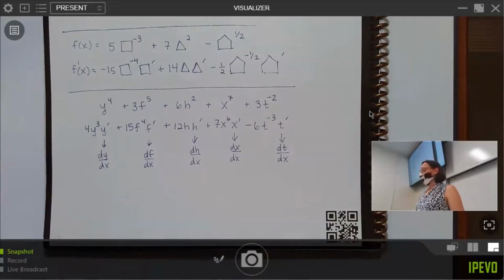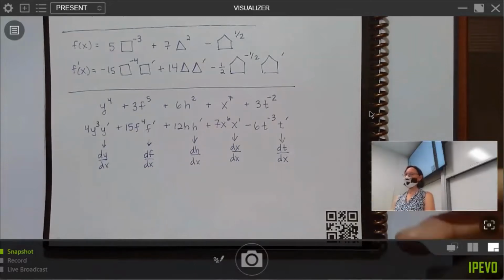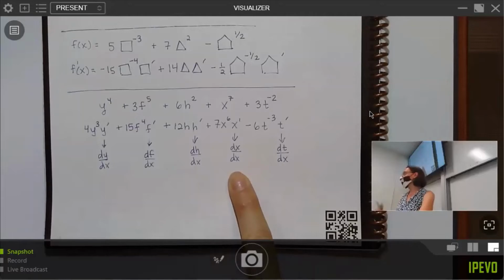Based on all of those, one of those 5 I didn't actually need to write. Which one of those 5 did I not actually need to write? Totally. Because anything over itself is equal to 1.